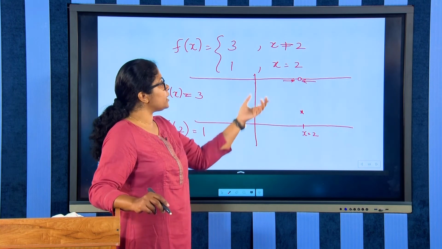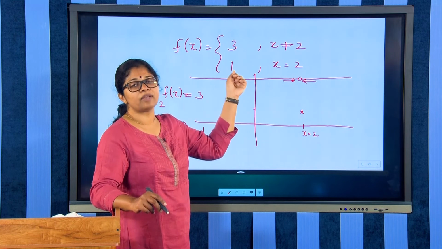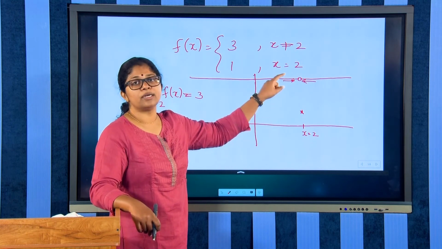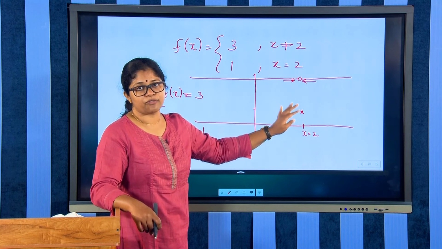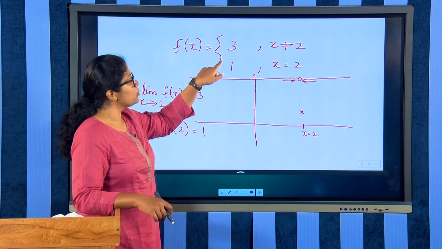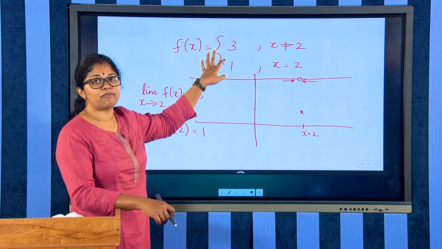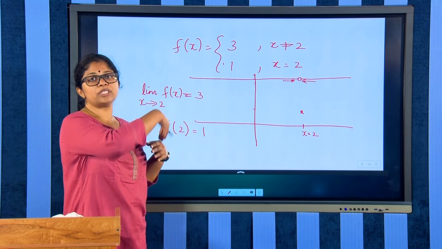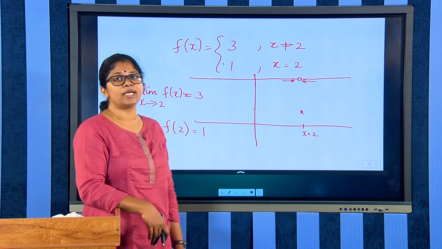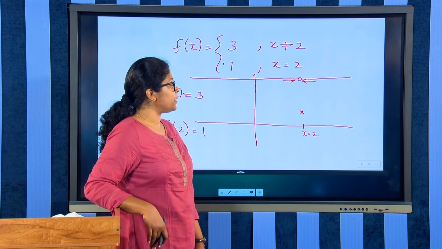But unfortunately, here the function is given to be taking the value 1 at x is equal to 2, and that is why the discontinuity arises for this function. So, if this value at x is equal to 2 could have been replaced by the limiting value, the discontinuity could have been removed. That is why this type of discontinuity is called a removable discontinuity.